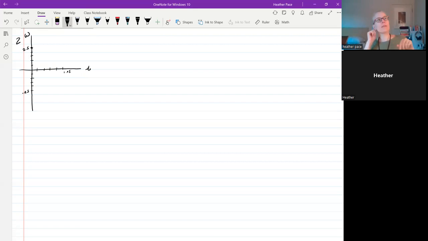If we have our tire spinning like this, and if we stop it like this, that wouldn't be constant, but if we stop it like this, that would be a constant acceleration. Note this would be a negative acceleration. So on our graph, we're going to see a downward line.